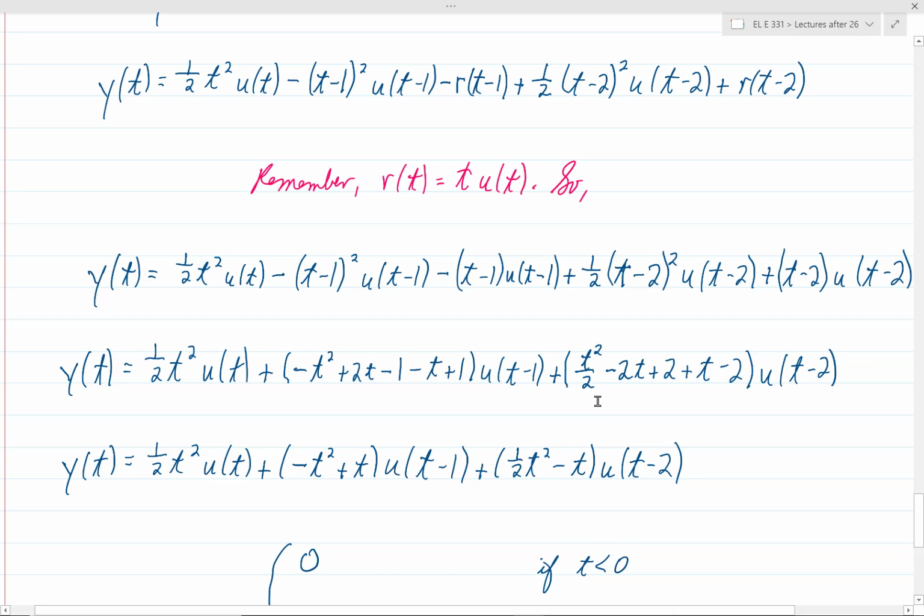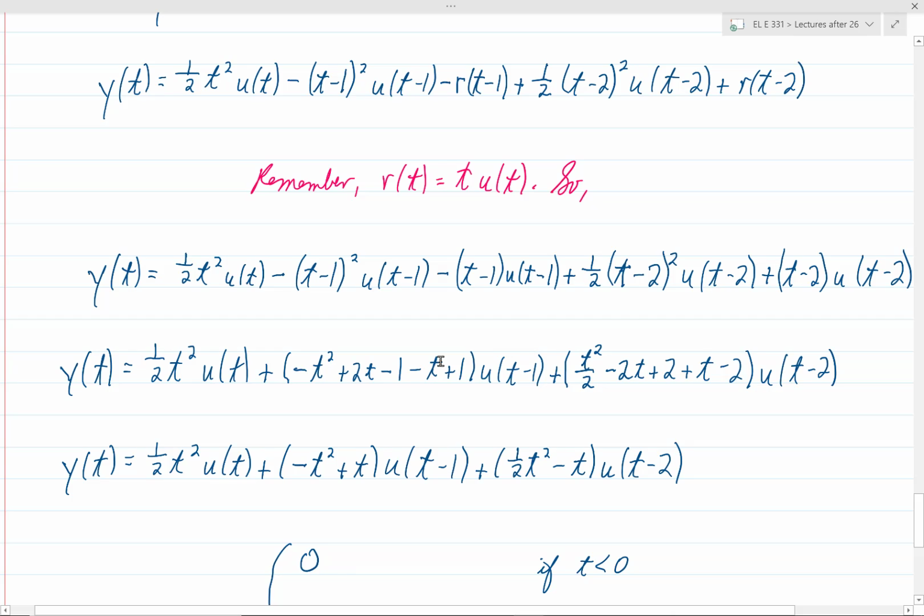Okay, so we're almost done now. This just comes down. When I take this negative sign inside and square this term, I'll get minus t squared plus 2t minus 1. But then I also have this multiplying u of t minus 1, but so is this one, so I'll get a minus t and a plus 1.